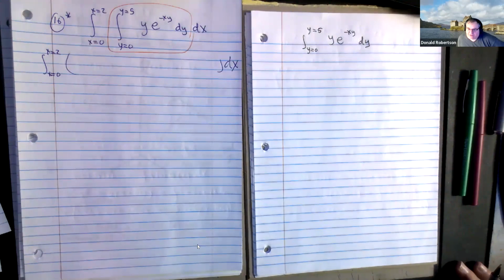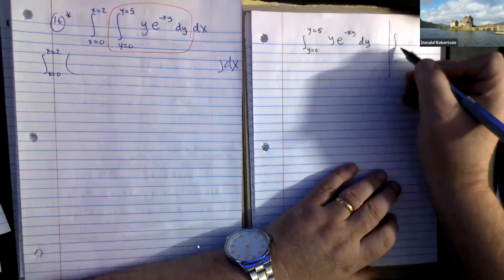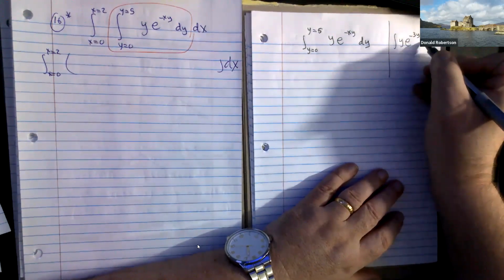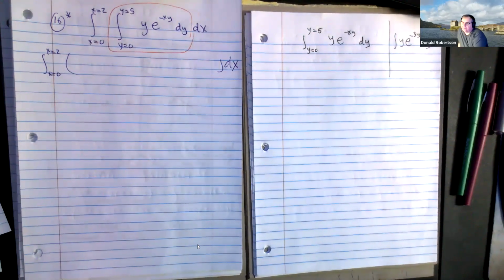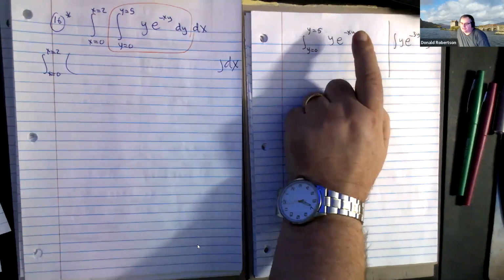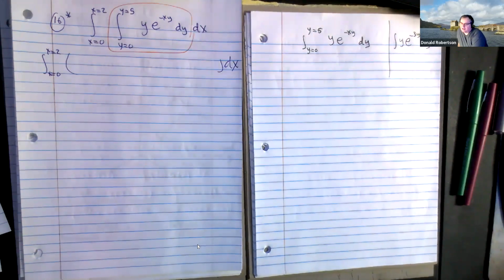Okay, since y is the variable, this guy is the same as doing y e to the minus 3y dy. Agreed? Just replace x by a number, right? So the way I would solve this is going to be the same way I'm going to solve that. Do you see an integration by parts?